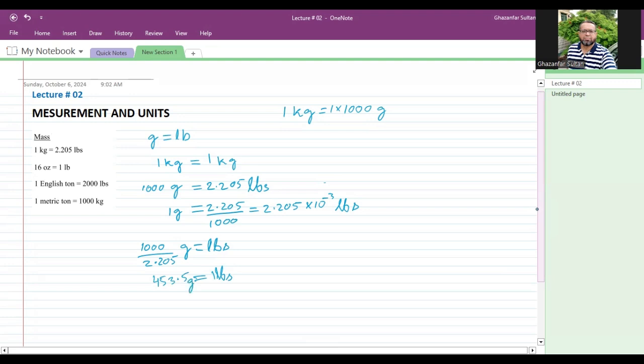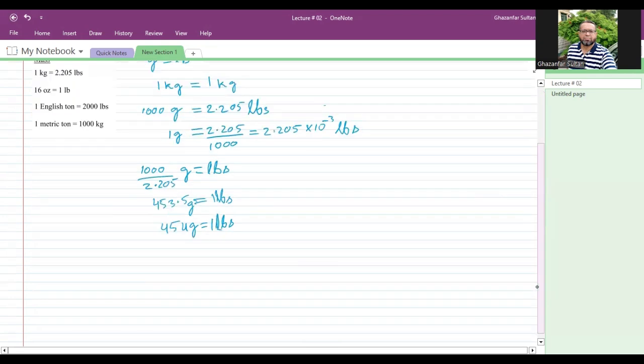Or if you round it off to three significant figures, then it would be 454 gram. So 1 pound is equal to this value.